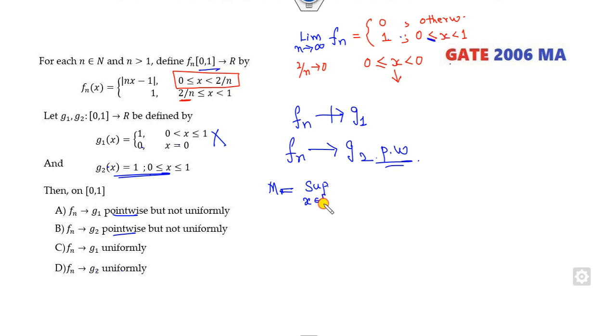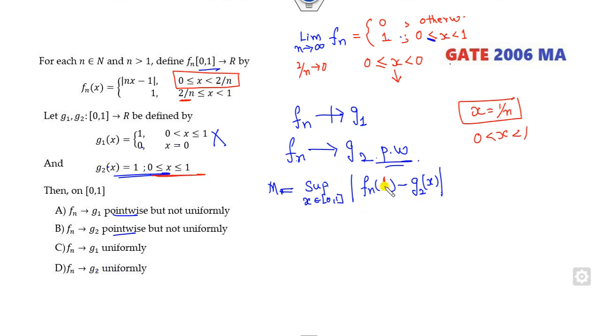The domain is my closed interval 0, 1, of Fn minus the limit. Now you can take any value, say x is 1 over n, any number between 0 and 1. What is the value of Fn at 1 over n? 1 over n lies in the first case. So it is n times 1 over n, minus 1, which is 0.